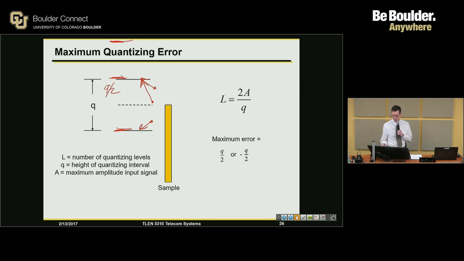I take that relationship, and there's another relationship that gives the number of levels in my system. This would be like a 3-level system. I've got 1, 2, and 3. But the number of levels equals twice the amplitude divided by the quantizing step Q. And then my maximum error is going to be somewhere between minus Q over 2 and plus Q over 2.